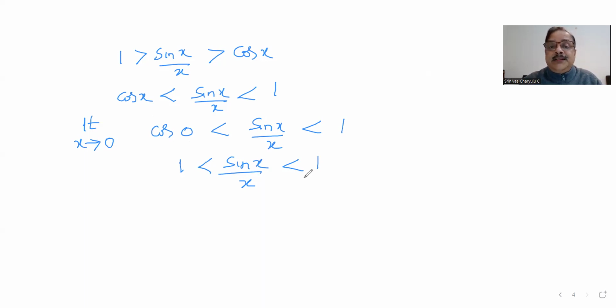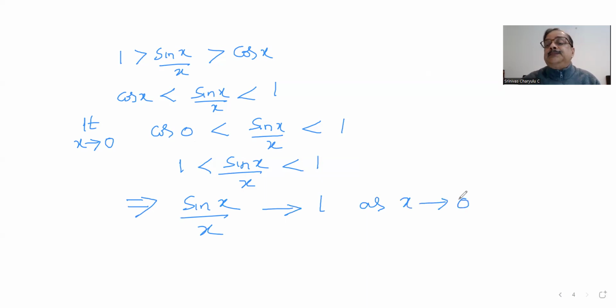That is the meaning of this. This side also 1 you got, left hand side, right hand side also tending to 1. So sin X by X will tend to 1 as X tends to 0. So this is the derivation of limit X tends to 0, sin X by X is equal to 1.